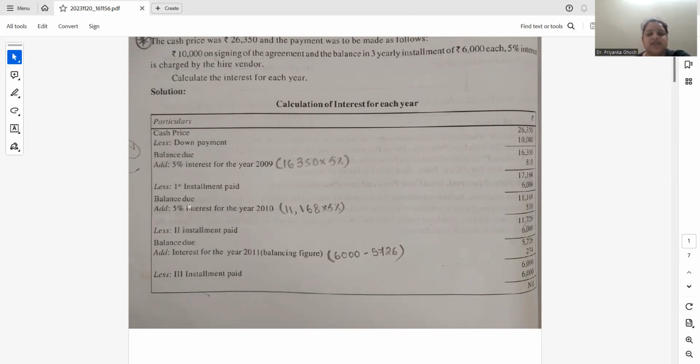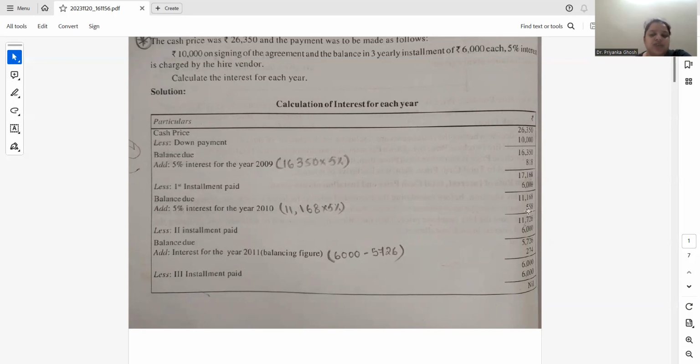When we reach the second year, again we calculate the interest. The interest rate is fixed, so again we calculate 5% for the second year, and we calculate it on the balance due. The balance due at the beginning of the second year is 11,168. Calculating 5% on 11,168, the interest comes to 558 rupees.